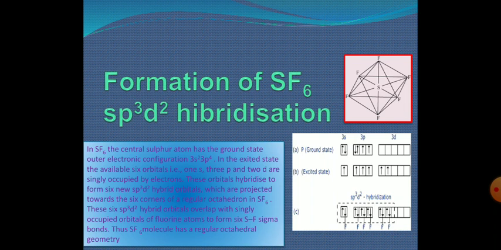At the top of the slide we have shown its corresponding geometry, and this question may be asked in your exam for 3 marks. In that you have to clearly explain the theory of this formation, that is sp3d2 hybridization, and the electronic configuration in the ground state, excited state, and the corresponding hybridization. And at the end of the explanation you have to explain the molecular geometry of SF6.